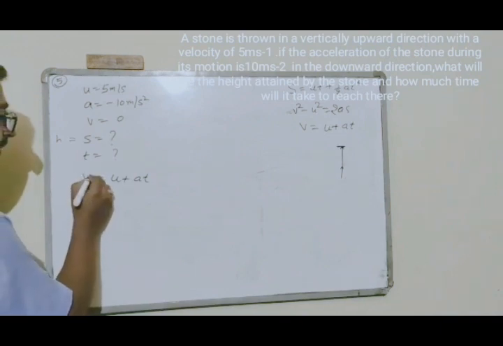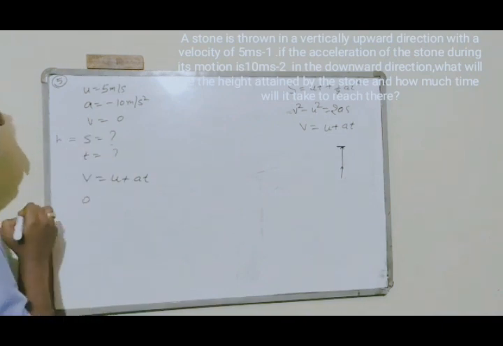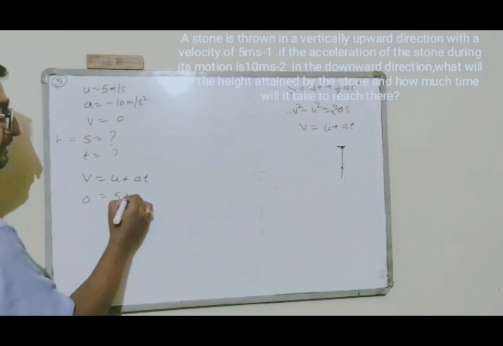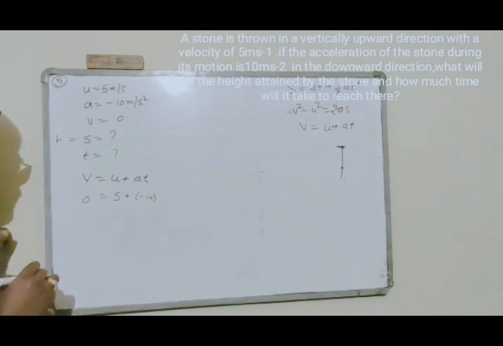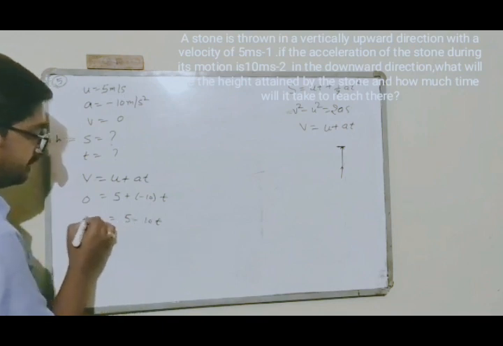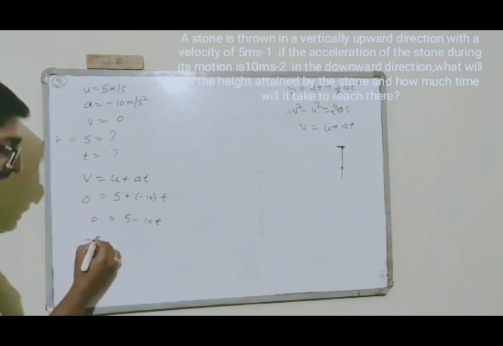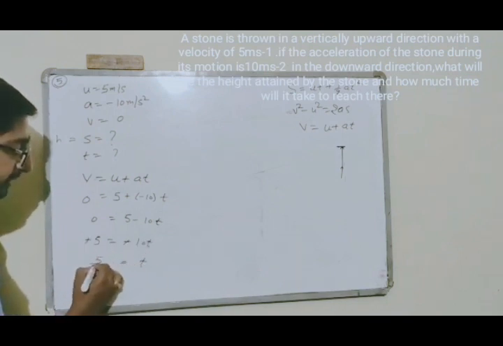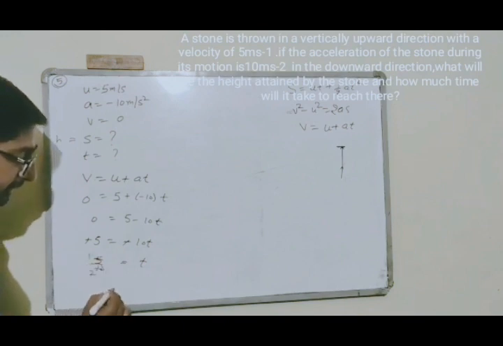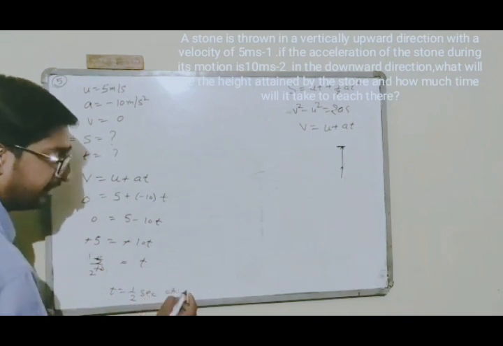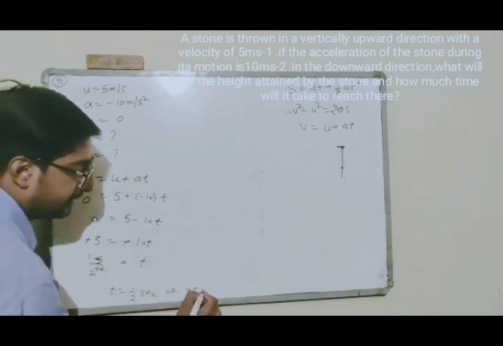V is 0, U is 5 meter per second, acceleration is minus 10 meter per second square, and T we need to find. So it will become 5 minus 10T equals 0. 5 comes to the left side, minus 5 is equal to minus 10T. Minus minus cancel, T is equal to 5 by 10. It will become time equal to 1 by 2 seconds, or we can write it as 0.5 second.